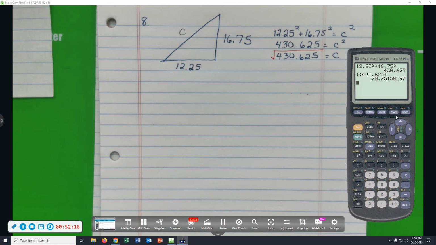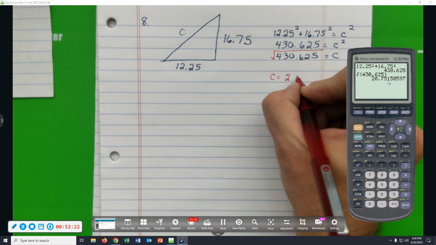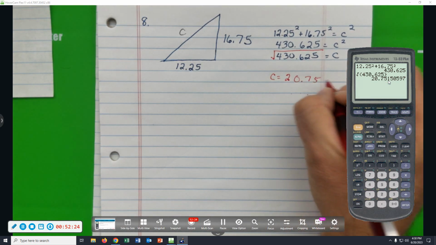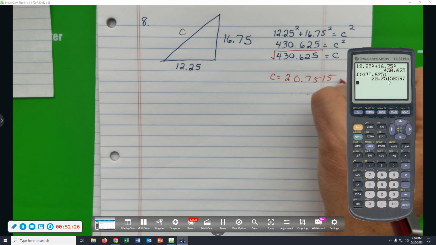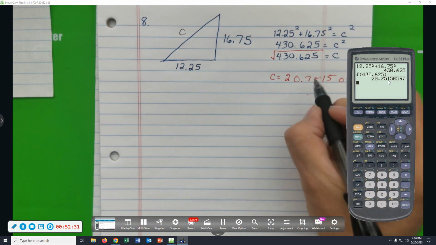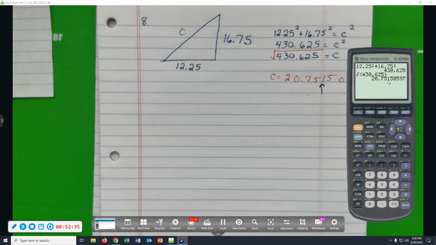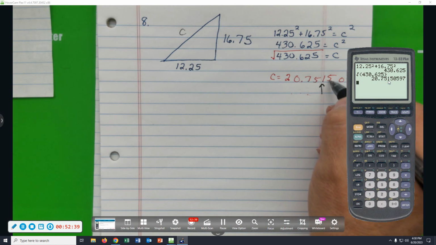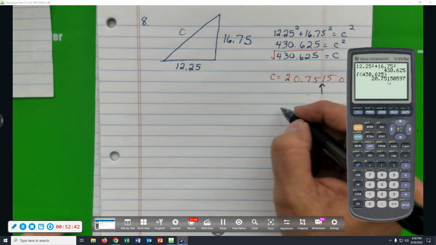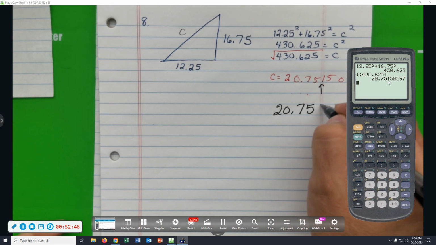Rounding to the nearest thousandth means 3 digits after the decimal point. So we have 20.7515 and so on. Tenths, hundredths, thousandths. Do I leave it as a 1 or round it up to a 2? Well, I round up to a 2 because the digit after the 1 is a 5. So 20.752.